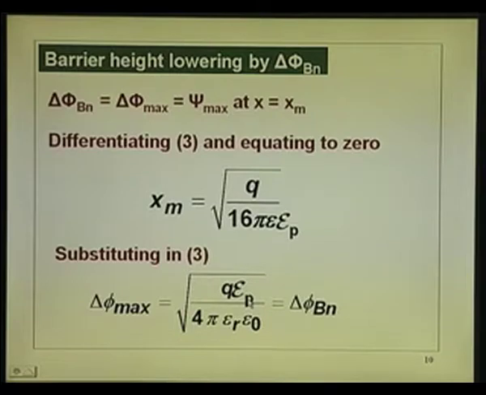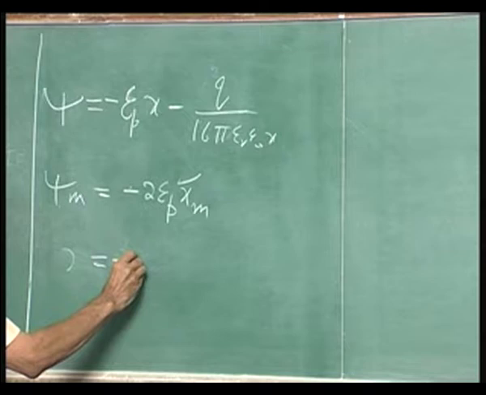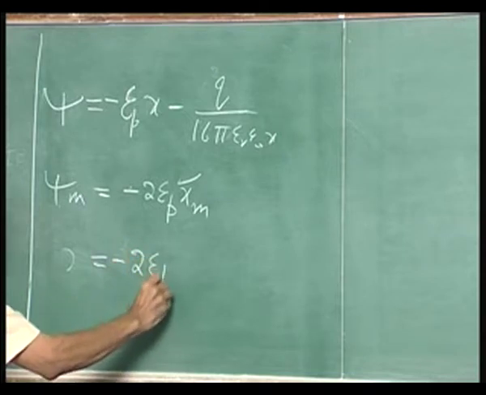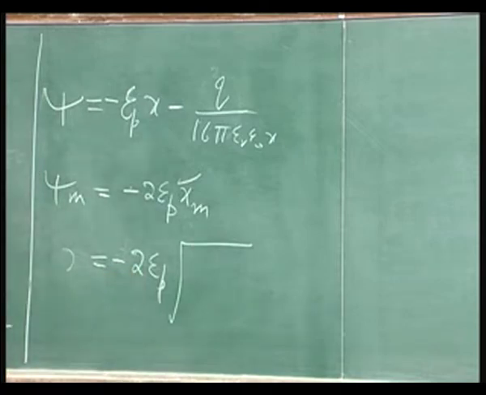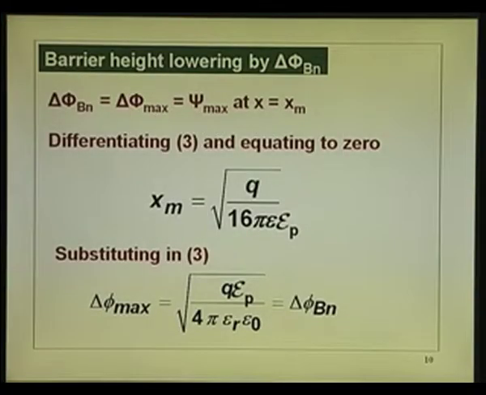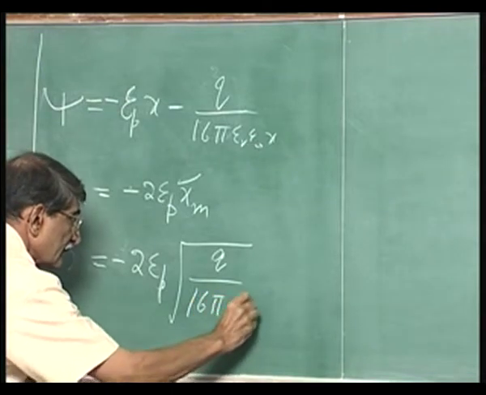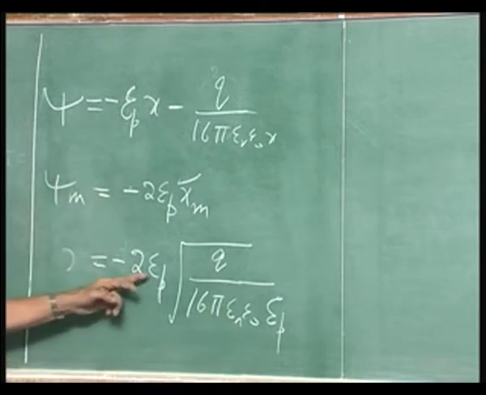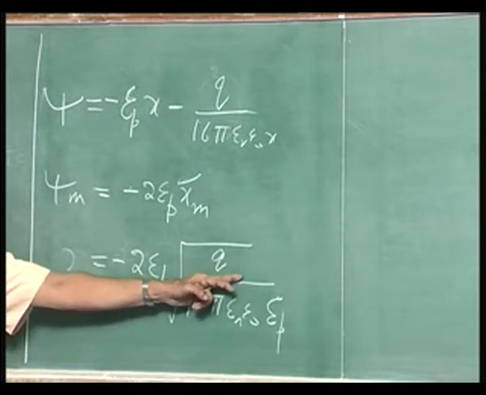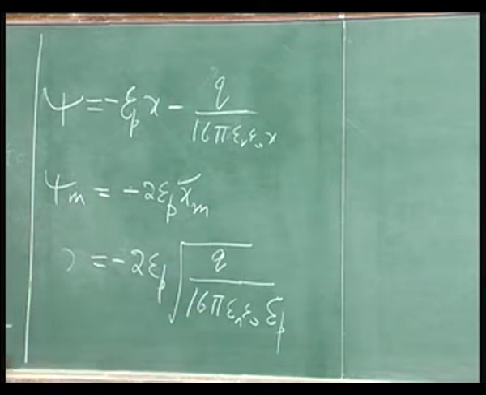What we are doing is x m, that is actually minus twice E peak into square root of q divided by 16 pi epsilon r epsilon 0 into E peak. So, this becomes the square root of that, this goes inside, this becomes 4. That is how we get that particular term.